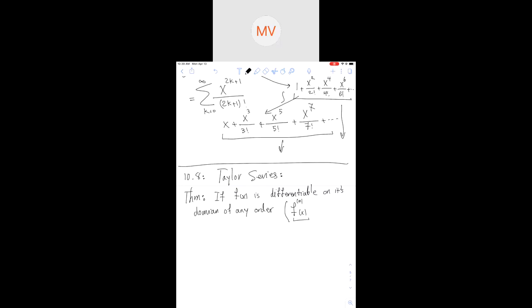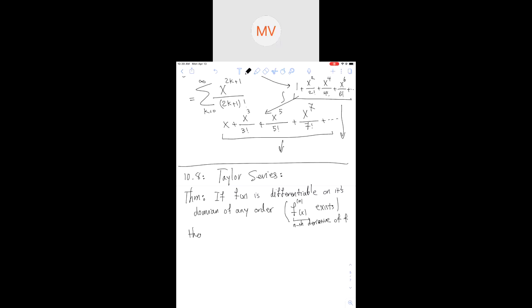Remember, this notation means nth derivative of f exists, okay, and it's continuous. So the nth derivative of f exists.